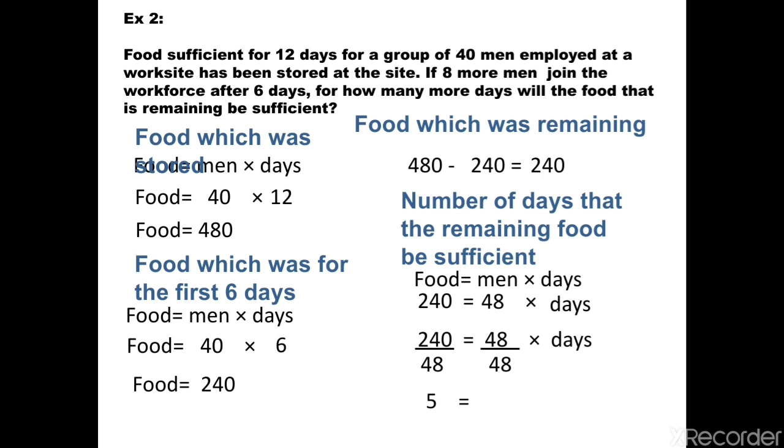Then we get an answer of 5 days. Previously it was 6 days, and with this 5 it is 11 days. So the stock was for 12 days. So how many more days, that means for another 1 day the food is remaining.